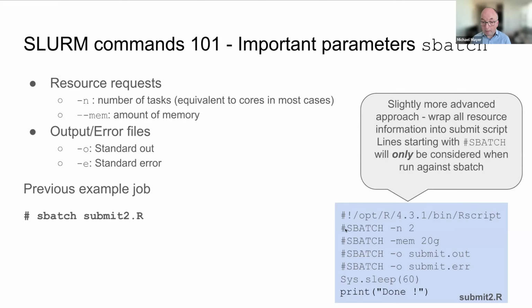You start a line with hash and then SBATCH, and then you specify all of those previous command line arguments like -n 2, --mem 20g, and so on. And if you then just run sbatch submit2.R, it will run as before, and it will automatically submit a job with 2 cores and 20 gigs of memory.